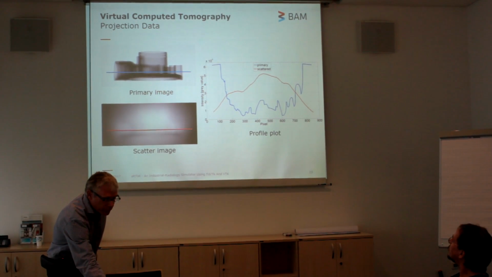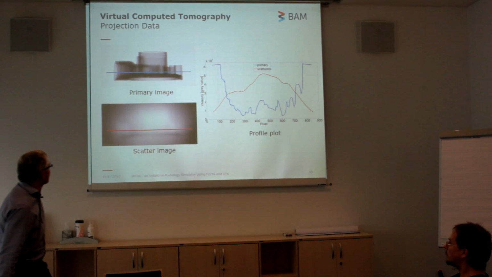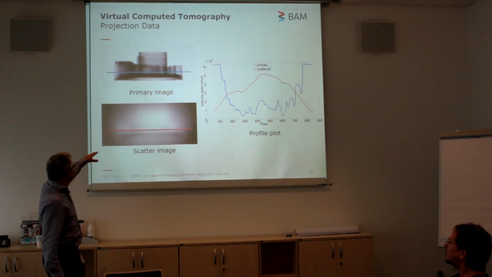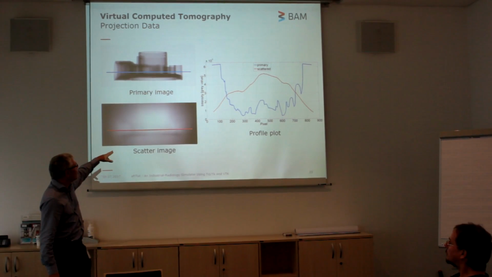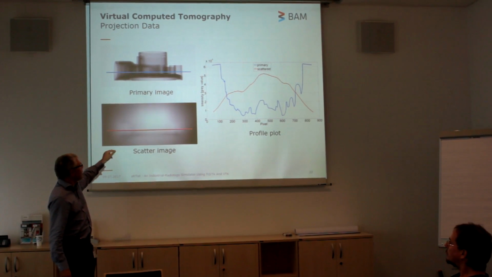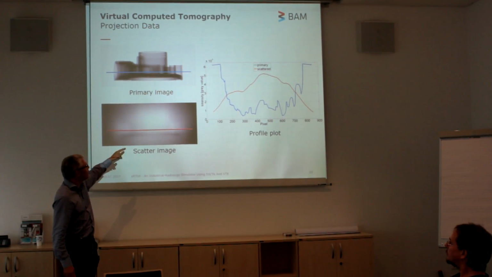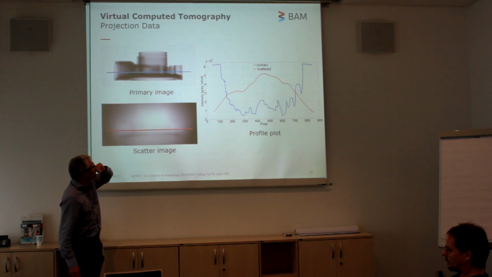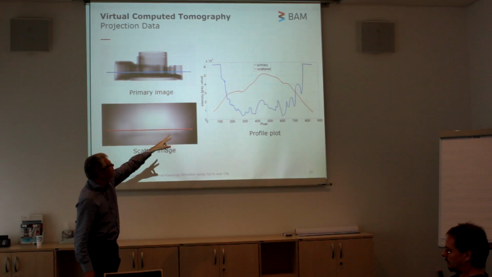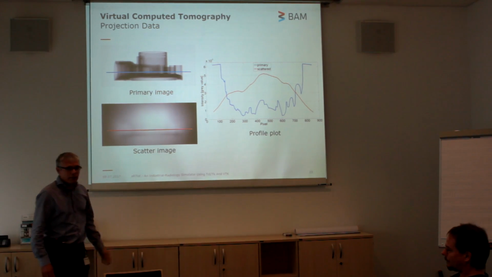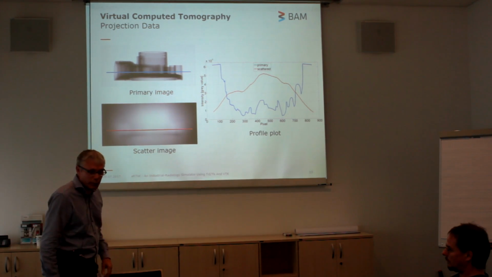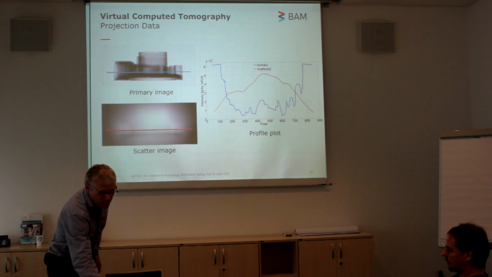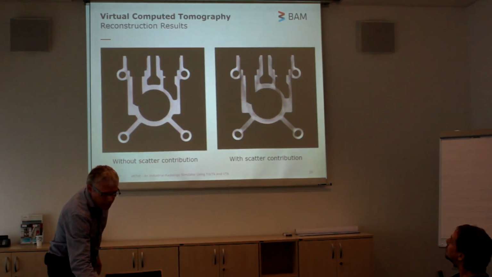For this configuration, I just want to point out that sometimes it's really needed to give this extended computing time for scatter generation, because if you look at the line profiles through the images, sometimes we have more scattered radiation than primary radiation, and that will influence the result of the computed tomography, for instance.